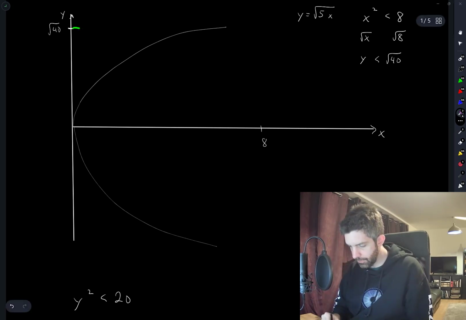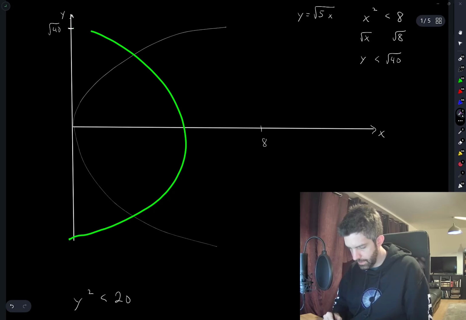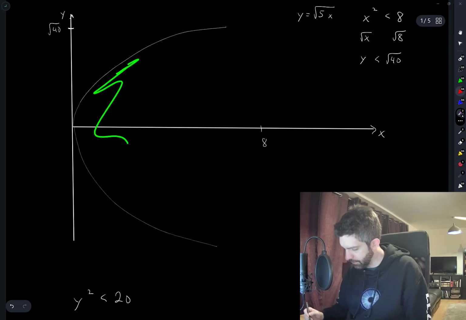We have an ellipse here, and this parabola, and we're looking at the area in between them.